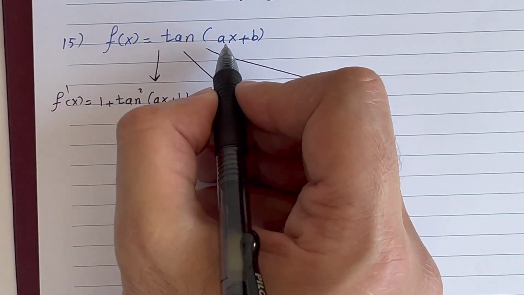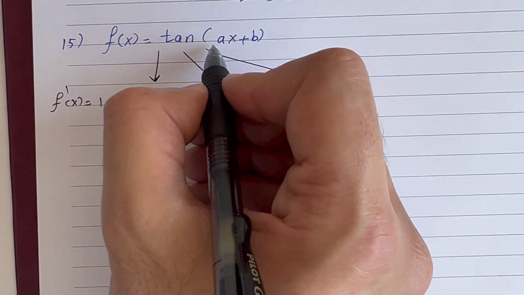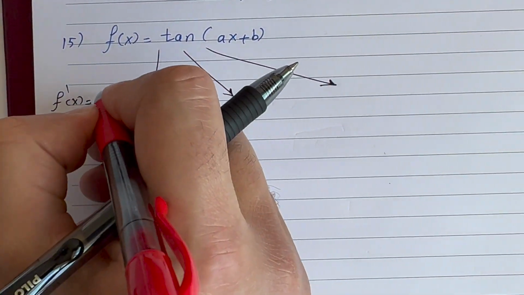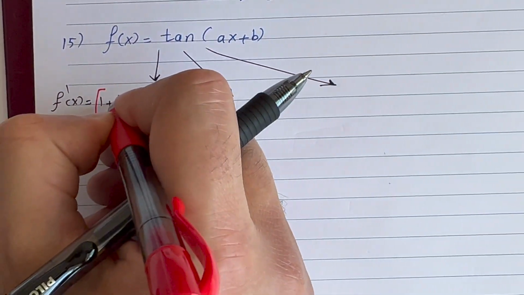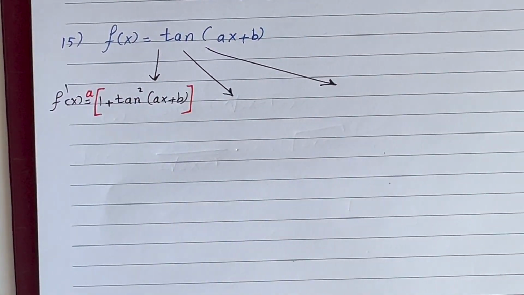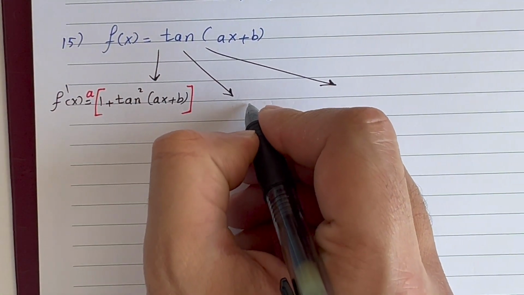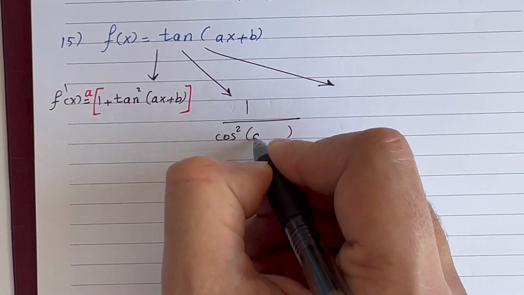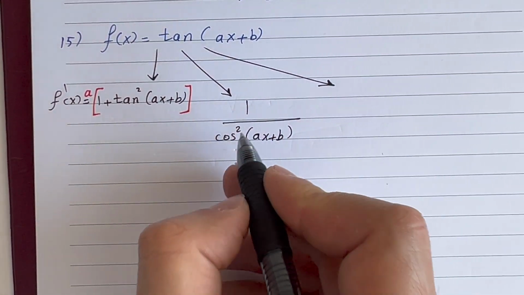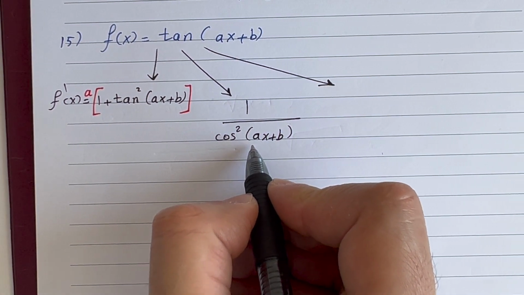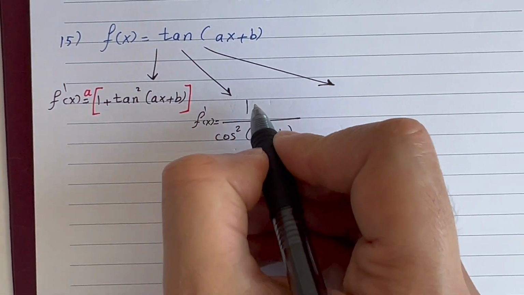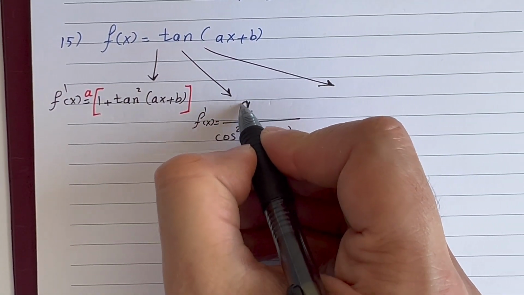But since the angle is a linear function, the derivative of it is a. So don't forget to multiply by a. Where? In the beginning, not before tan squared here. Multiply by a. Or you do 1 over cosine squared the same angle, ax plus b. But since the angle is a linear function, you need to multiply this f prime by a, so it's going to be up here, a over.